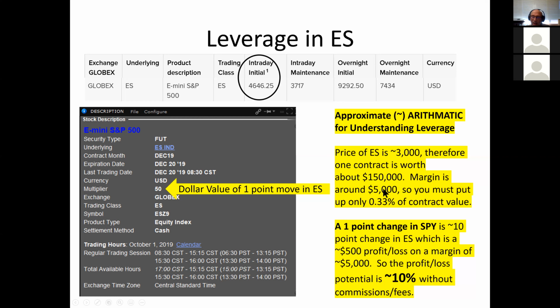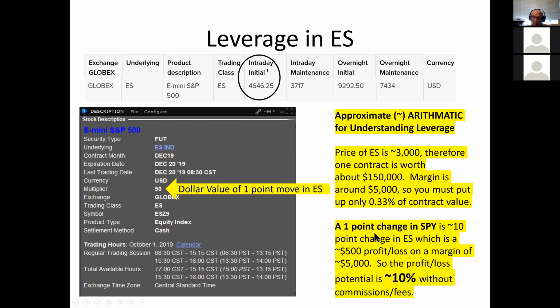Let's call that 5,000. And so you're only putting up now 0.33 rather than 50%. So you can see the leverage here compared to the stock market is well over 100 times. It's enormous.